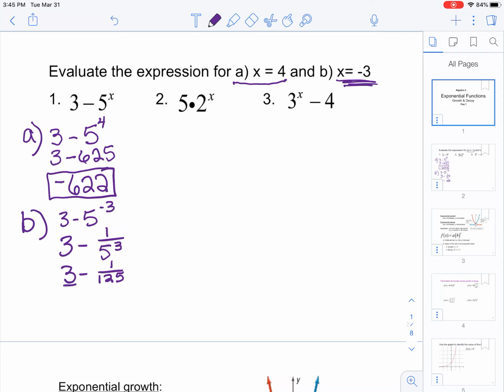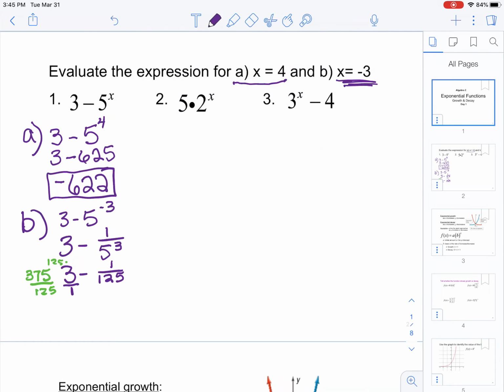If I put the 3 over 1, I know that I'm going to have a common denominator, and that common denominator is 125. So what do I have to multiply the 3 by? I have to multiply 3 times 125. 3 times 125 is 375.